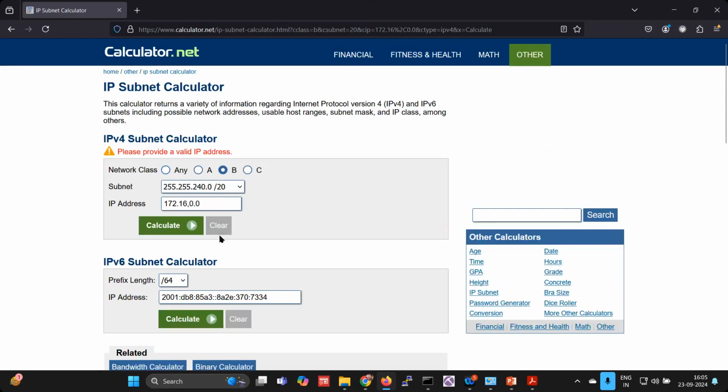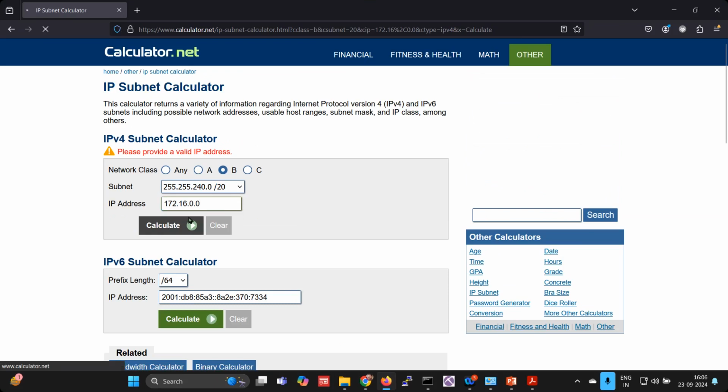It is not showing anything. Again, there is something wrong here. Actually, the look and feel and interface is not good as per our requirements. This IP subnet calculator, there can be different types of subnet calculators depending on the programmer's logic.